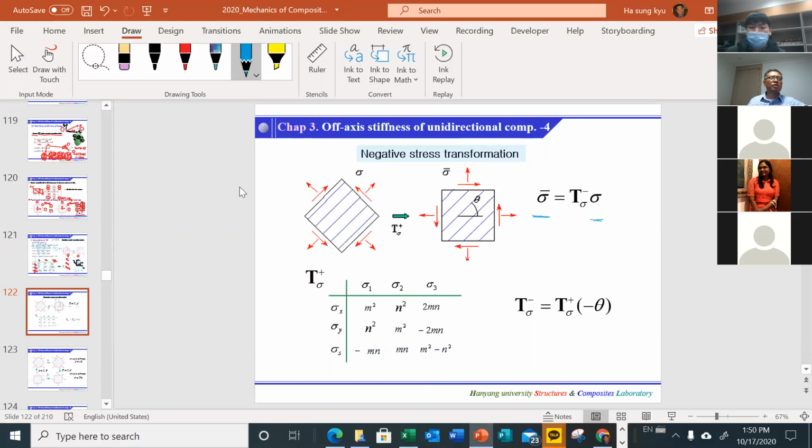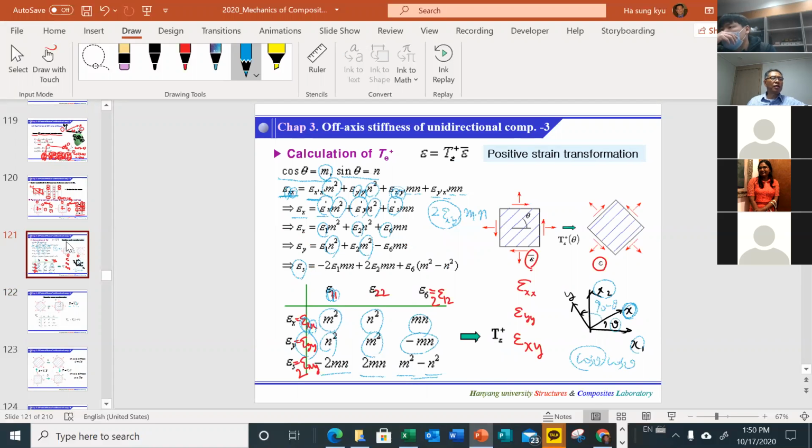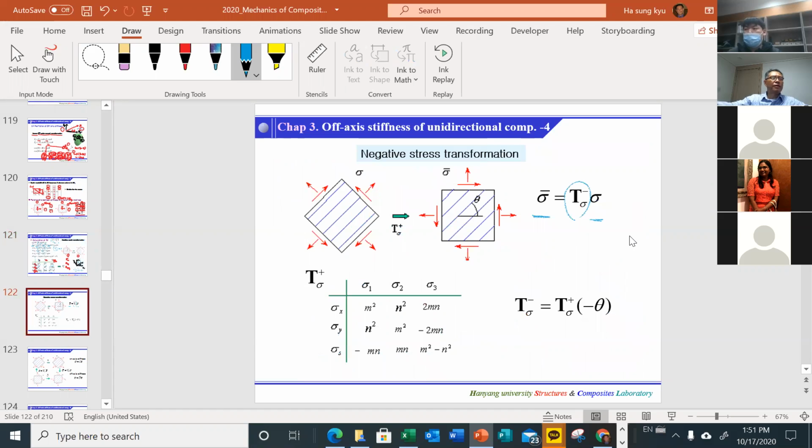We have a transformation, and we just call it t sigma, and we will call this one as the t, like this transformation. So this will be a 3 by 3 matrix, and strain transformations. And here is the stress.